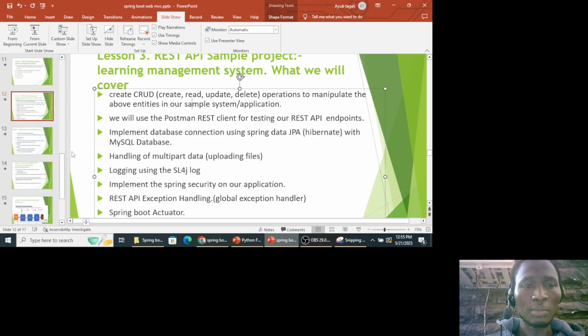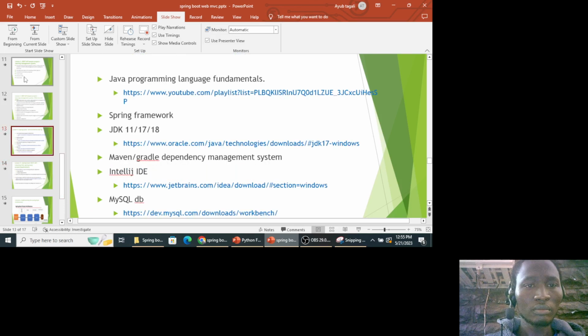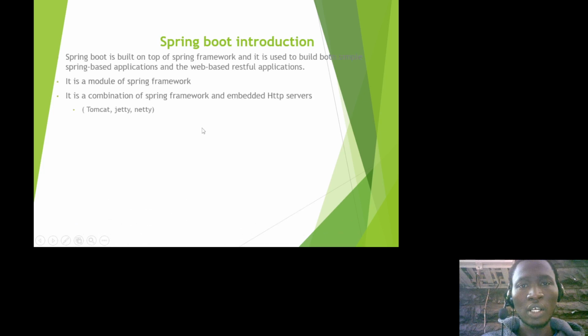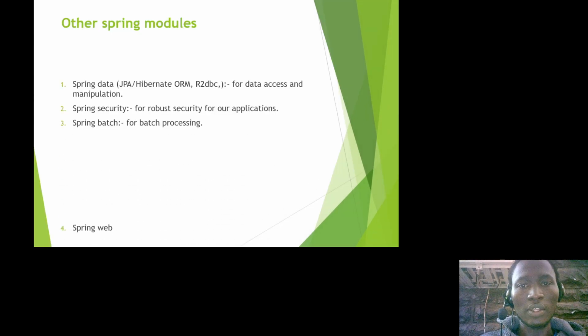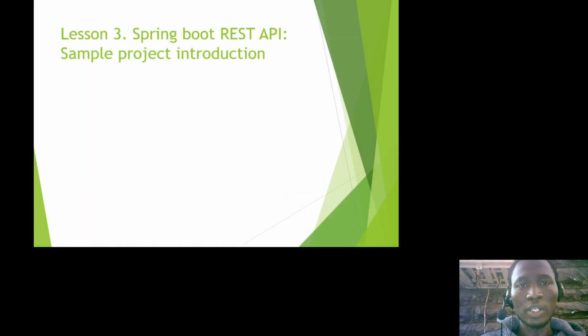Just a recap of what we did in the previous lesson, lesson 3. Let me present the screen. We covered lesson 1, and then lesson 2, where we looked at this diagram. Then we covered lesson 3 where we demonstrated the kind of project that we're going to build.